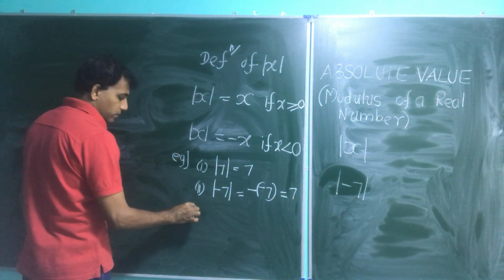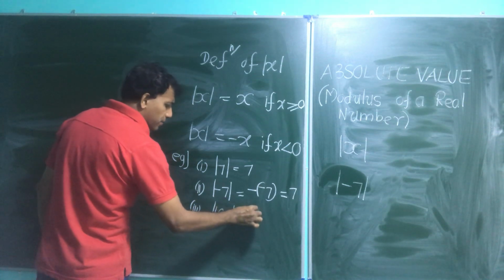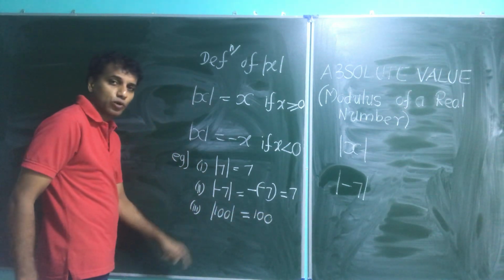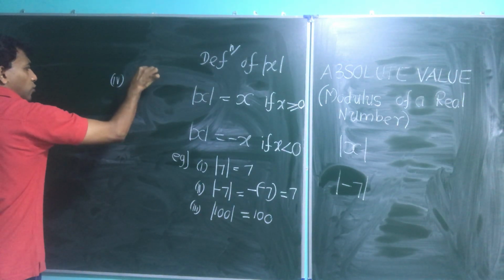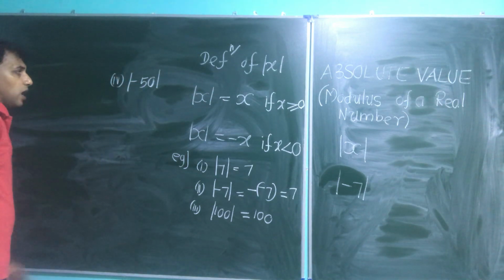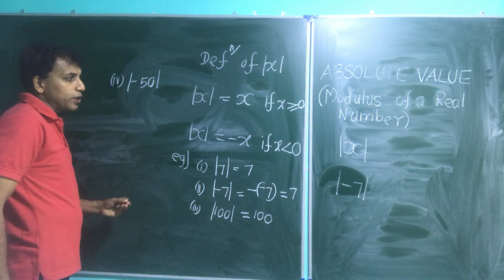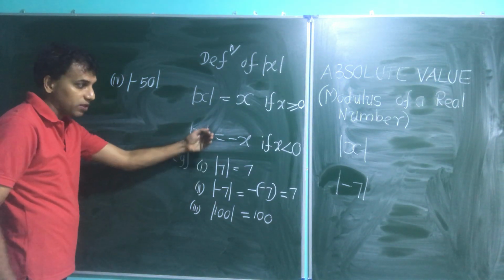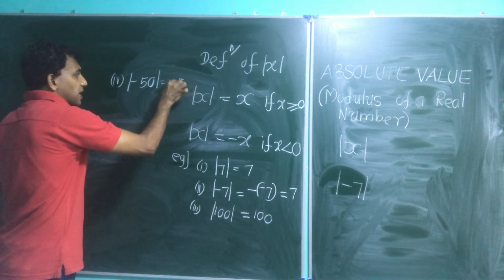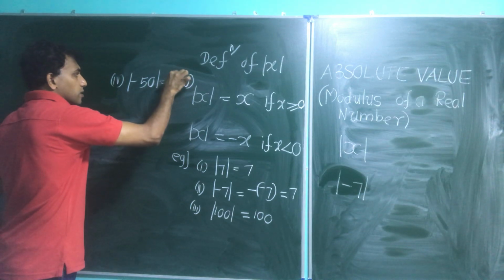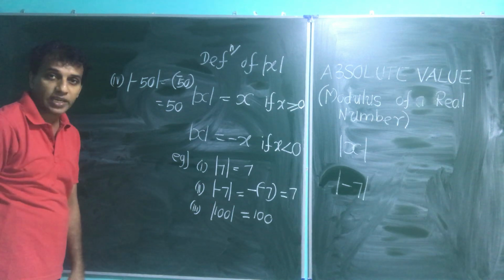Next example: modulus 100. That is 100 because inside it is positive. See another example: modulus minus 50, with a minus inside the symbol. Then we write according to the law of the definition of the modulus: you write a minus and what is inside, so the answer is 50.